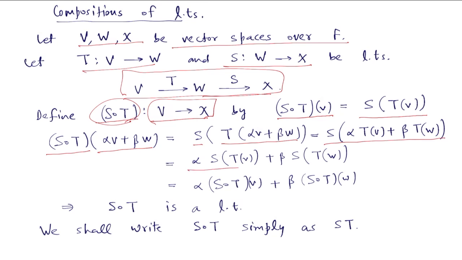This we can write down as alpha times S of Tv plus beta times S of Tw, and this is of course equal to alpha times S composition T of v plus beta times S composition T of w, and so S composition T is a linear transformation, and we shall write S composition T simply as S times T.